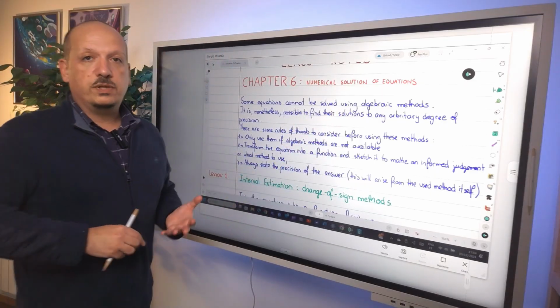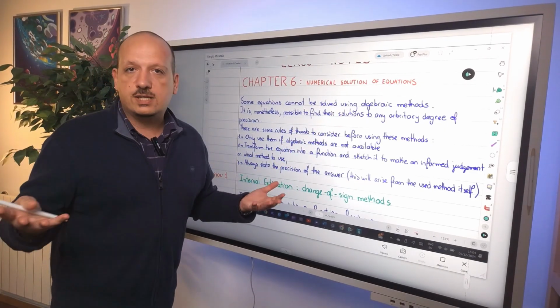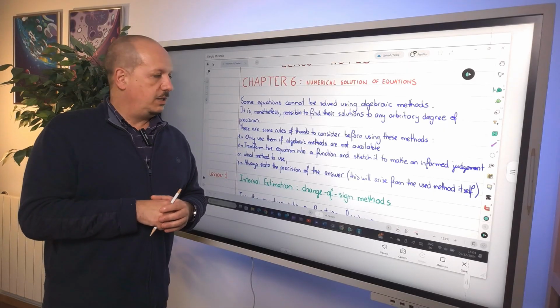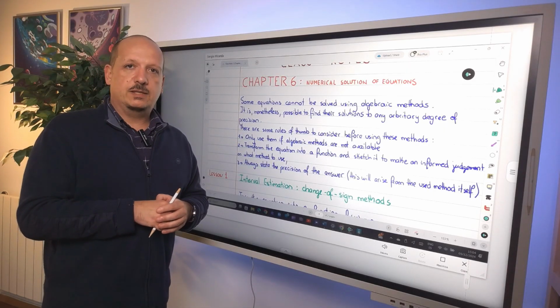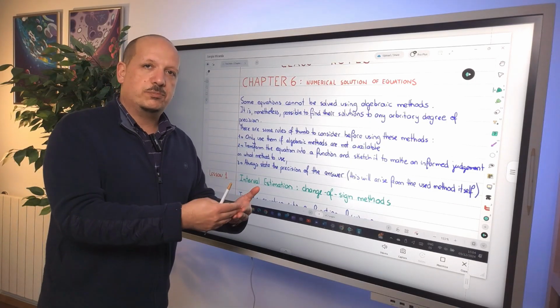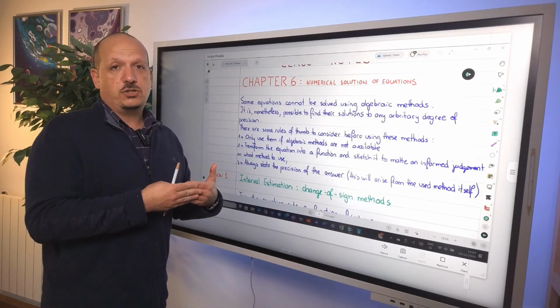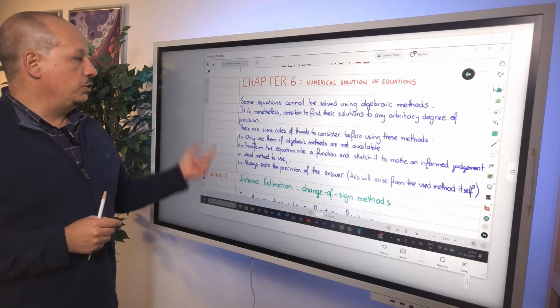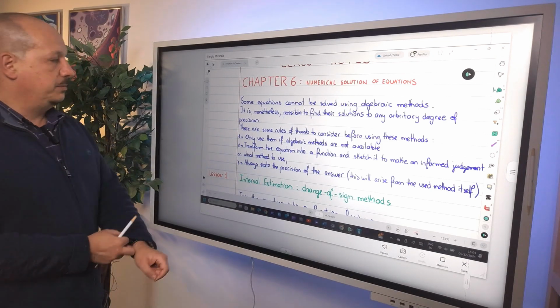With these methods, you have to predefine the precision in the question itself. The question predefines the precision with which you are going to find the zeros, and you have to continue working until you get to that precision, but that's the top that you get. It's not going to be infinite, all right? So only use them if algebraic methods are not available.